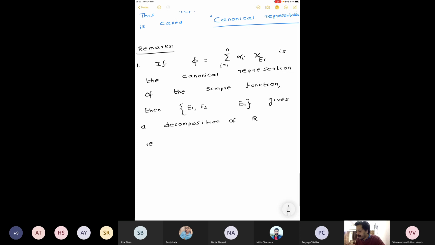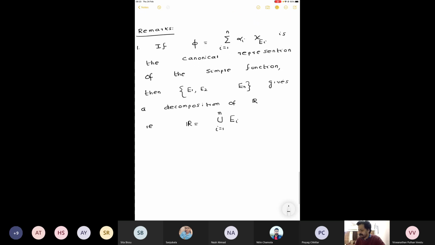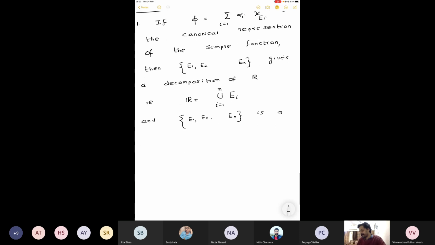That is, R can be expressed as the union of E_i, i equals 1 to n, and E_1, E_2, E_3, etc., E_n is a disjoint family. It's not hard to see. So the canonical representation automatically gives you a decomposition of the domain into several pieces where each piece is a measurable set.